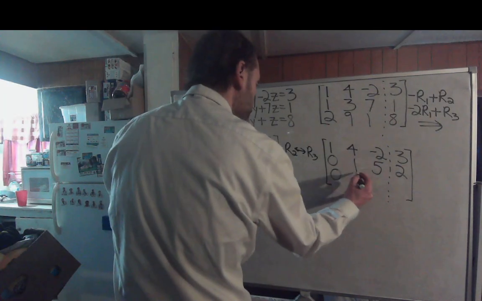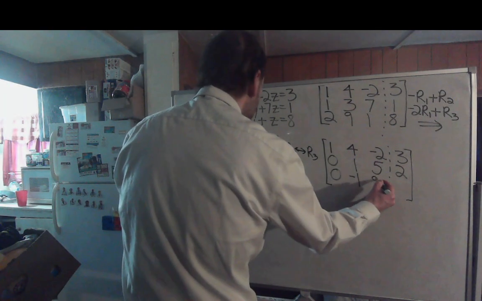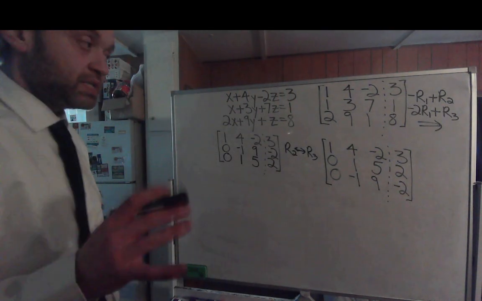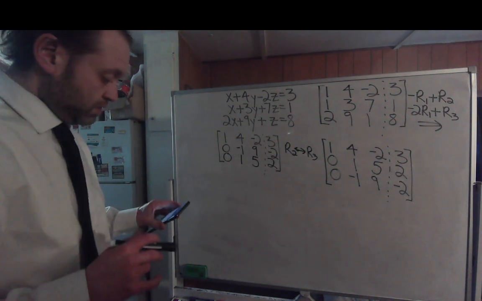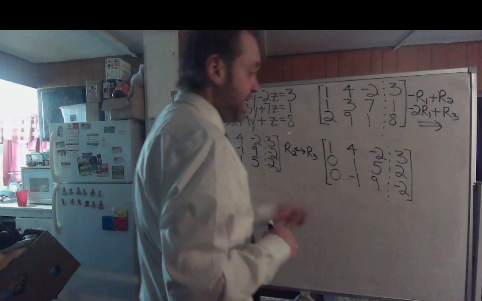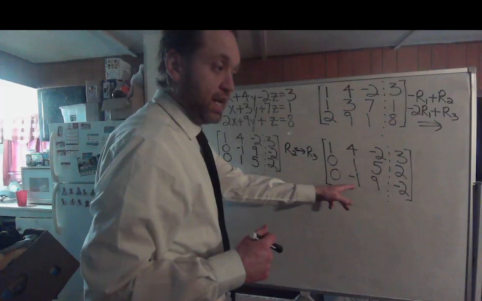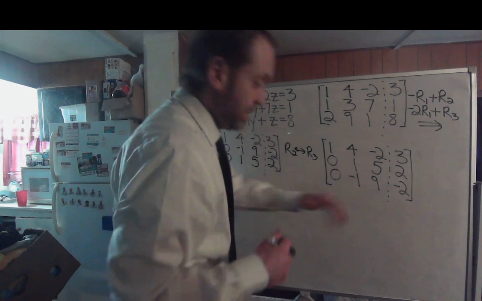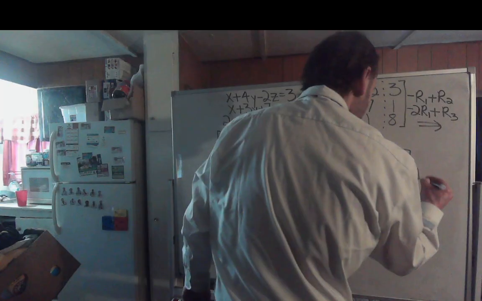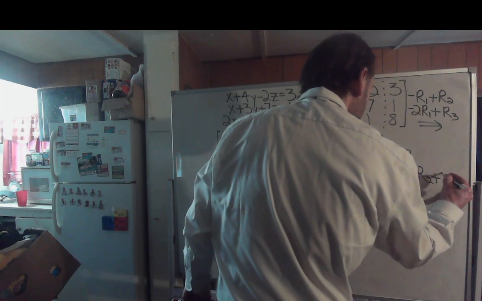You'd have 0, -1, 9, and -2. Okay? At this point, we are ready to proceed and add row 2 to row 3 to make the second digit in row 3 become 0.